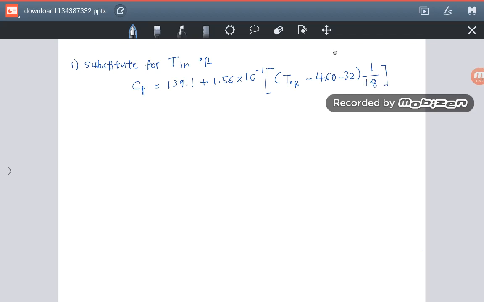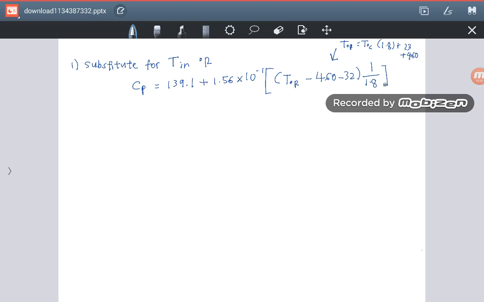And how I got this is based on the equation in the previous slide, where R is equal to T Celsius times 1.8 plus 32 plus 460.